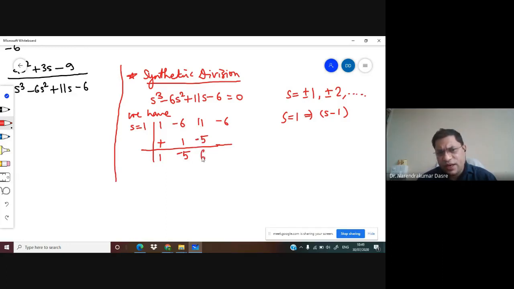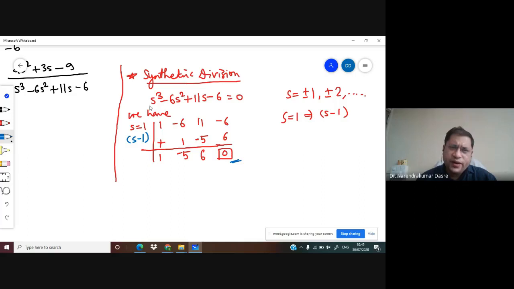Then add these two terms, I'll have 6. Then multiply this, I'll have 6 here. Then add this, I'll have 0. So once I get 0 here, that means this is a factor.